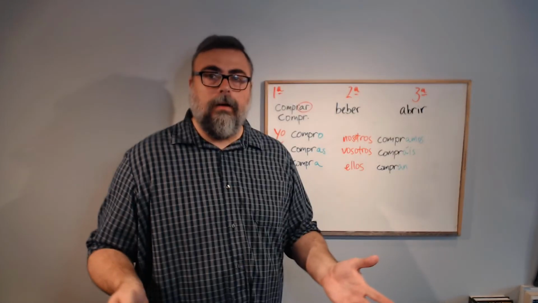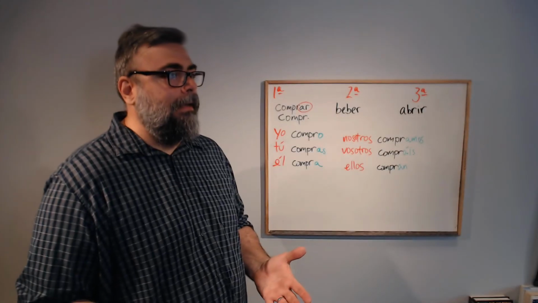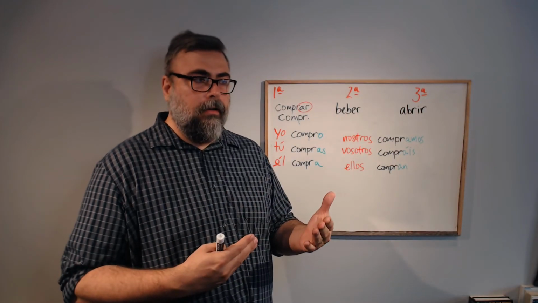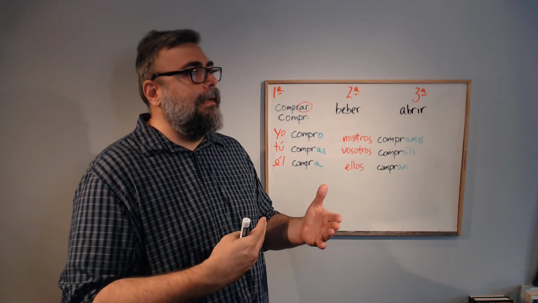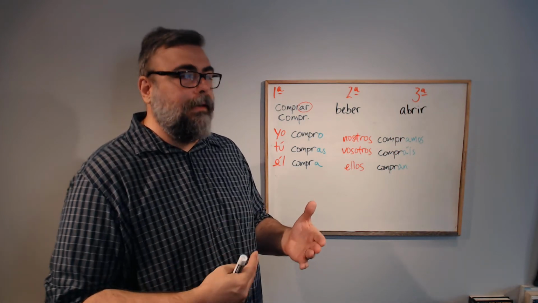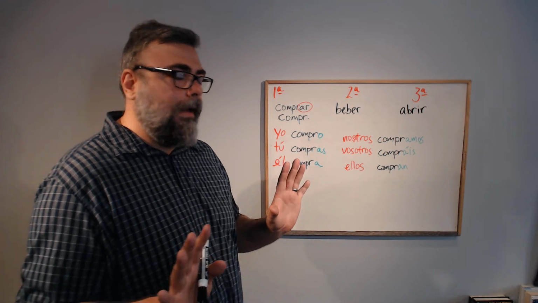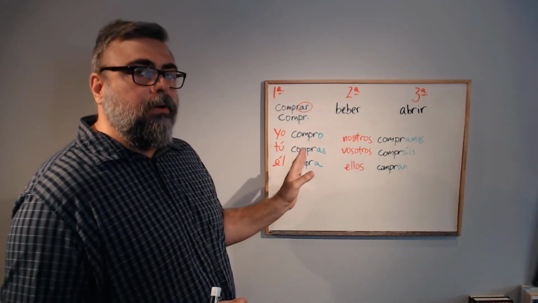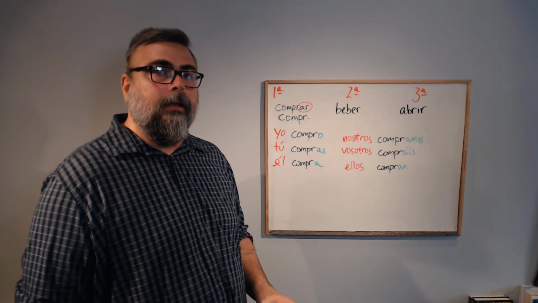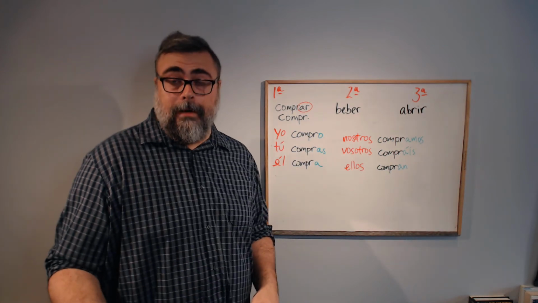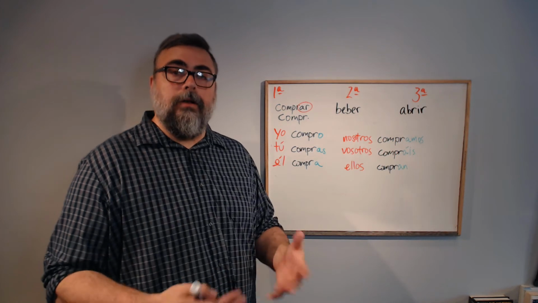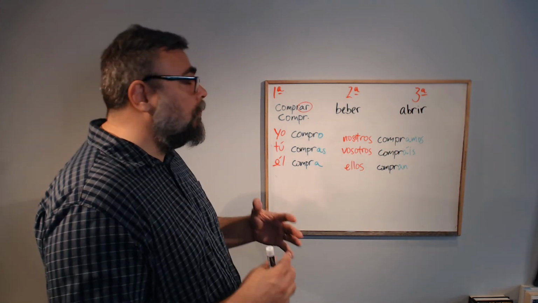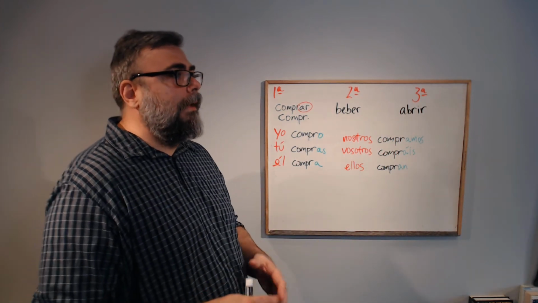Cocinar, to cook. I take off the AR, and it's cocin. That's my stem. So I'm going to run through and do the same thing verbally, and I'd like you to try to anticipate me. If you don't anticipate me, just repeat after me.